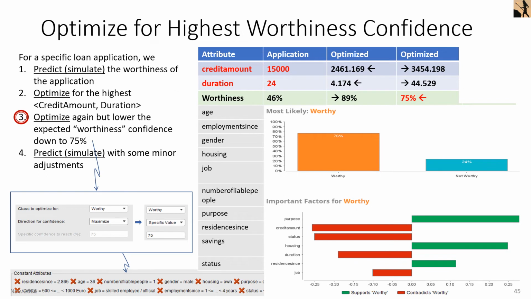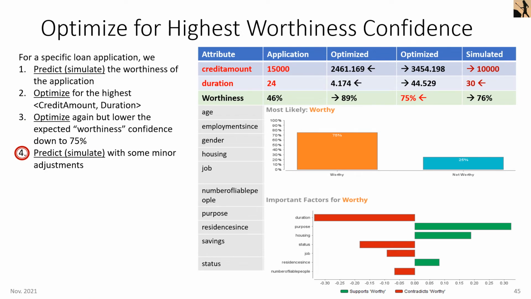So when we run this set to 75%, which is exactly how we set it, as we'll talk about later, you can see that the money is still not much, 3,000 or so. But the duration can be extended to 44 months. That is probably not what the customer would like, but we will see some leeway here.